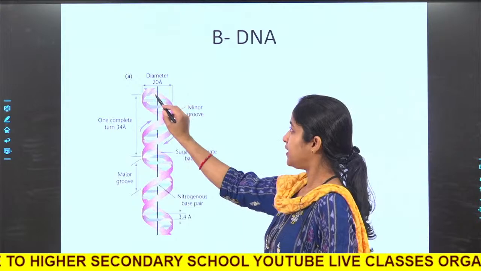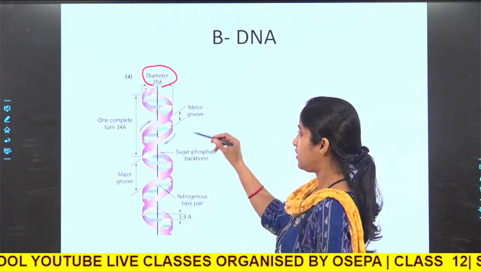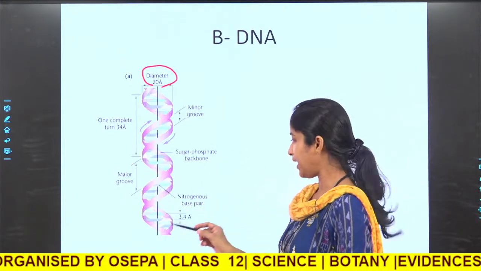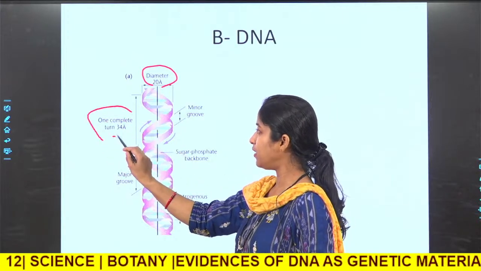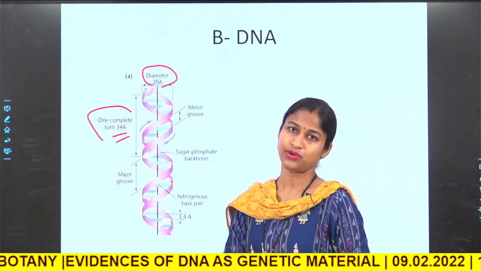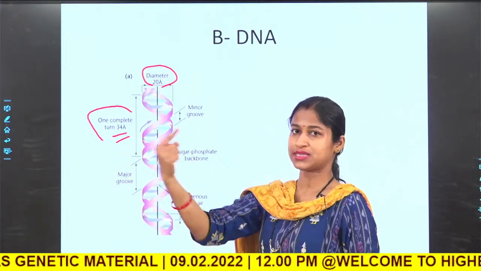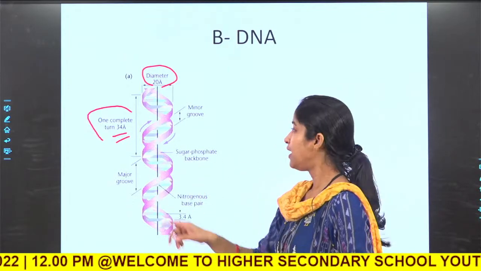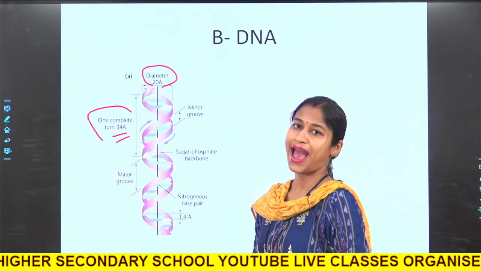The diameter is 20 angstrom, and one complete 360-degree turn is taken in 34 angstrom units. So when it takes a complete 360-degree rotation, it covers a distance of 34 angstrom.